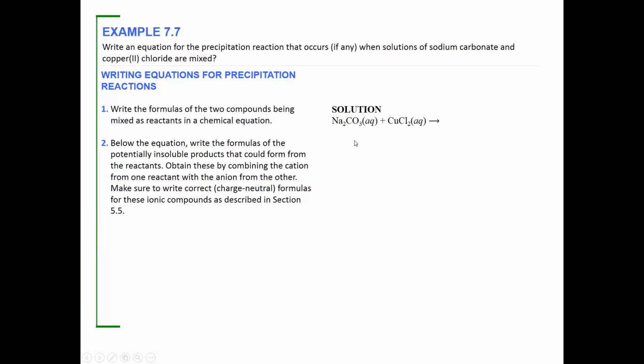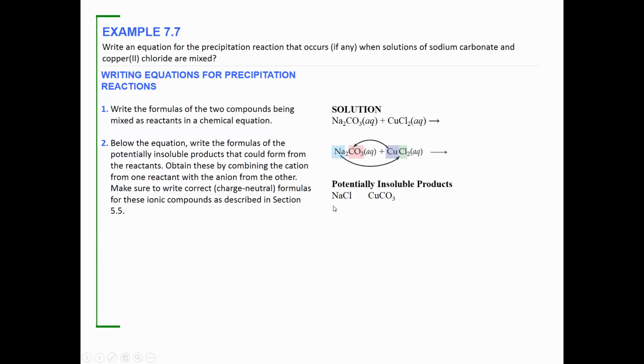Now, when we do this, we're switching places, and when we switch places, we need to rebalance the charges in the new compound. So we don't look at the subscripts that you start with, we look at the subscripts such that the charges balance. Again, try to do this on your own and then come back and see what we end up with. Okay, so we're showing the switching places here, and then these are what we get when we switch places.